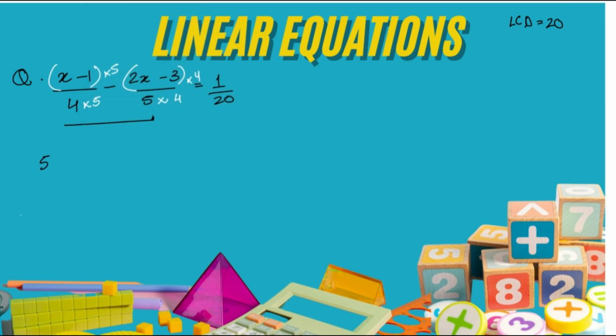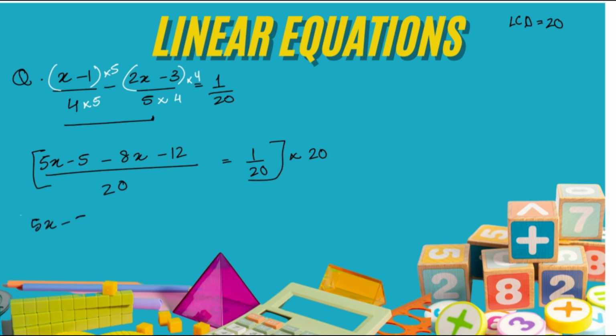So now we have 5x minus 5 minus 8x minus 12 upon 20 as the denominator. Since it is 20, we are going to multiply by 20 on both sides. So we get 5x minus 5 minus 8x minus 12, 20 into 20, 1 upon 20 into 20.